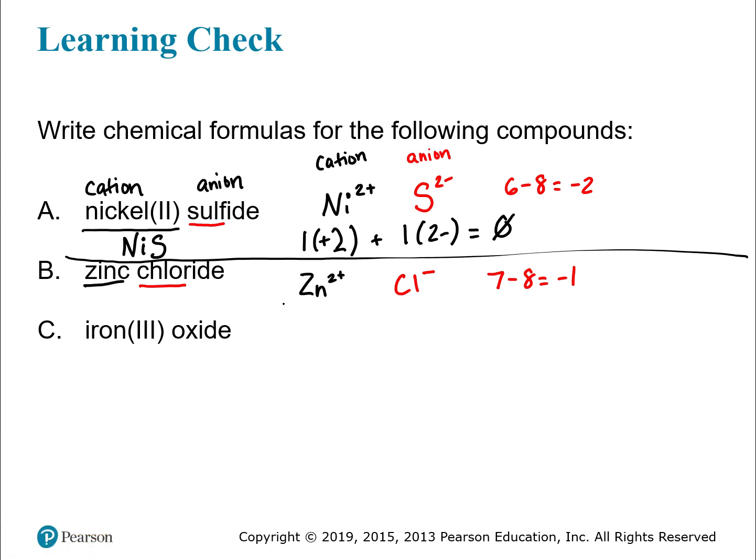If I just had 1 zinc ion and 1 chloride ion, I would not get 0. I'd get a +1. So I can't just have 1 of each. What I have to do is kind of this swapping method.